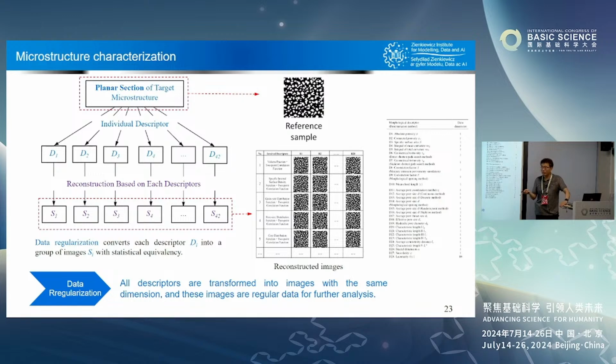Then we construct images, the whole set, for each of them, because we only use the descriptor as the target. Therefore, the resulting image has only a partial amount of the information of the original image, and that partial information is directly determined by that descriptor.